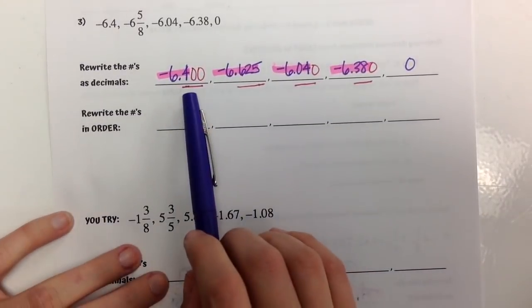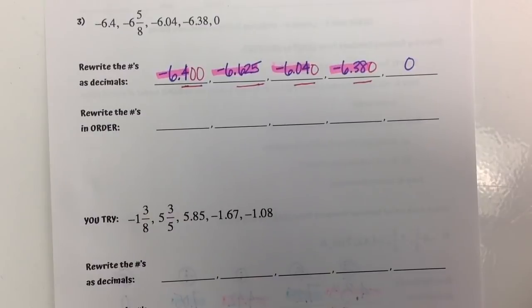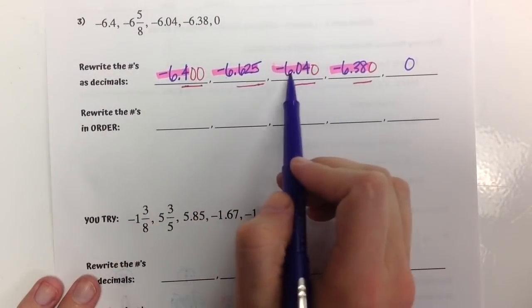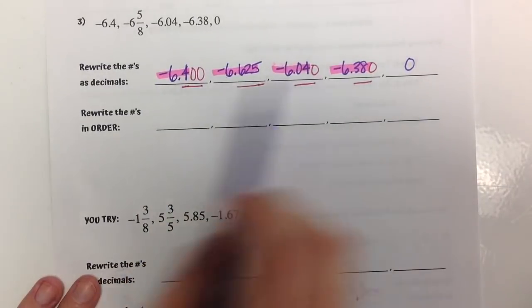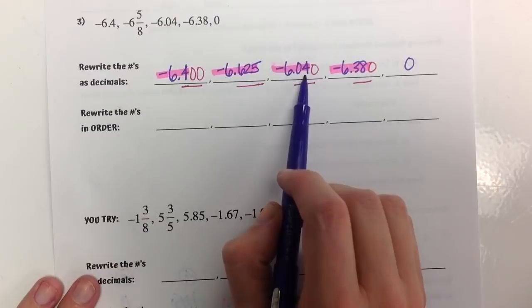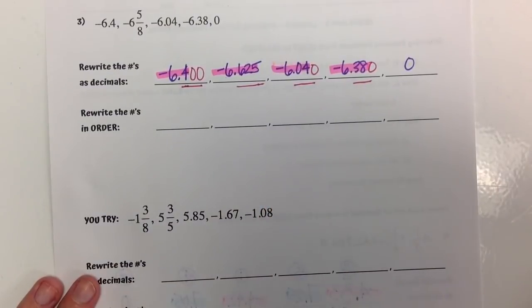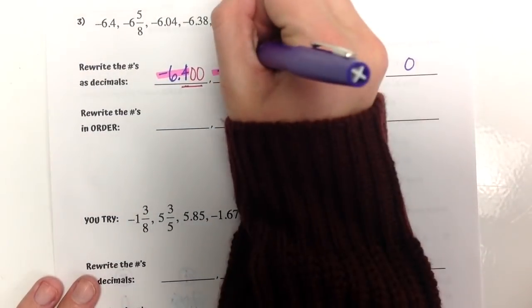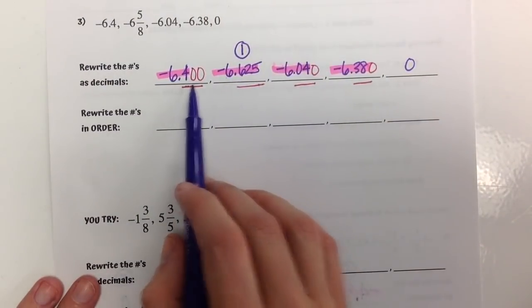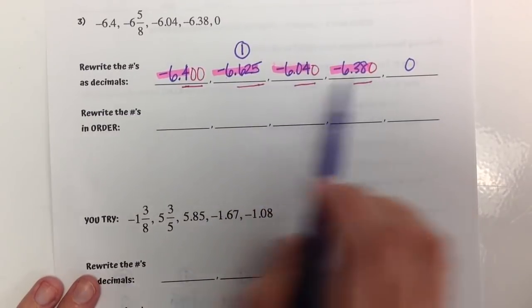So I'm looking for our smallest number is going to be our biggest negative. So they all have the same whole number part. So all I need to look at is the decimals part. We've got 400, 625, 40, and 380. So the biggest decimal, our smallest number, is the 625. Now, the next biggest number, we've got 400, 40, 380.